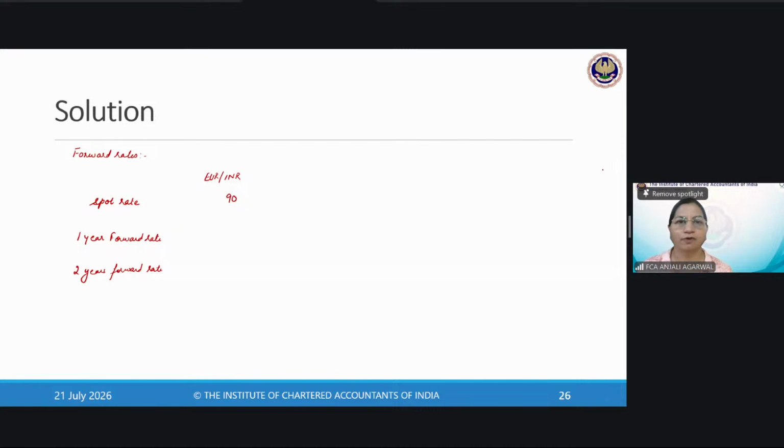The spot rate for USD INR is given as 75. And therefore, Euro to USD, you can calculate the cross rates also, or that was given as 1.20.